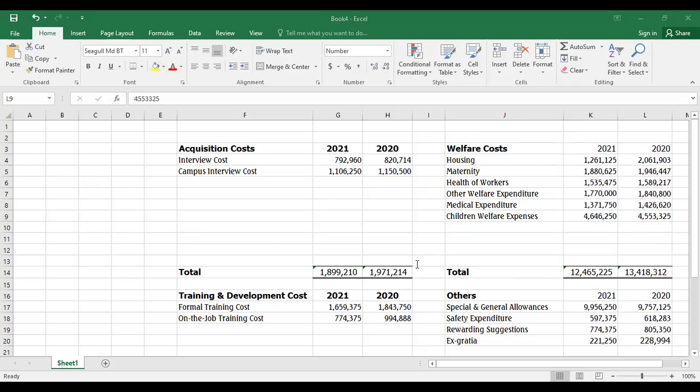Then you have recruitment cost. Recruitment falls under acquisition. When you are recruiting, this is where you have the cost. Then you have selection cost. Selection is still part of acquisition.